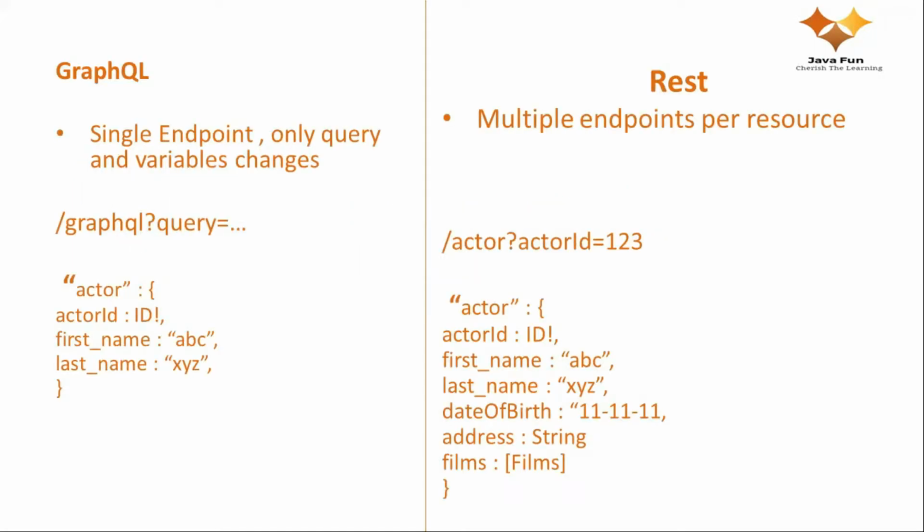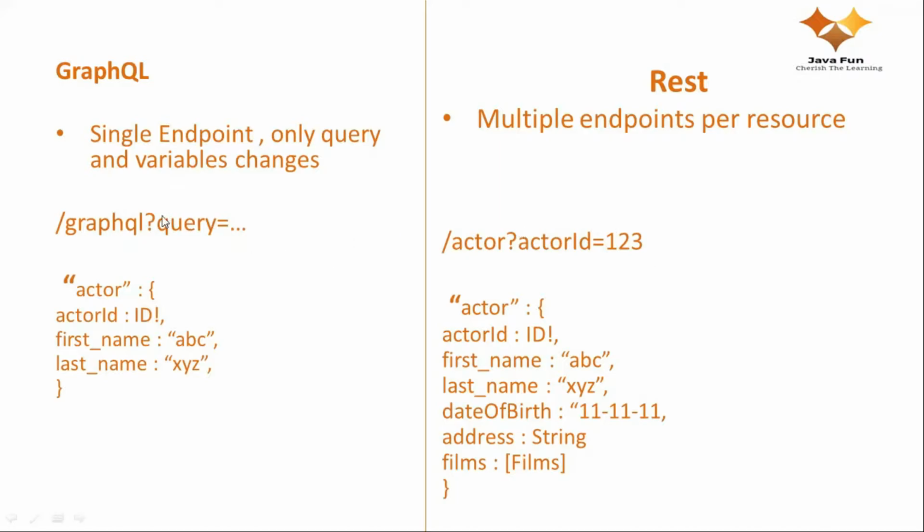One of the most important differences between GraphQL and REST is that GraphQL is written with only a single endpoint. There will be only a single HTTP endpoint for your entire project or service, something like slash GraphQL, and its parameters will be changing.